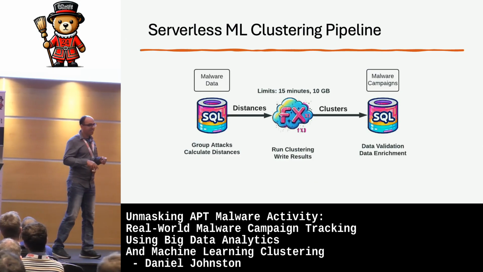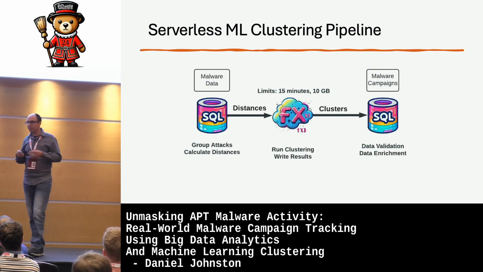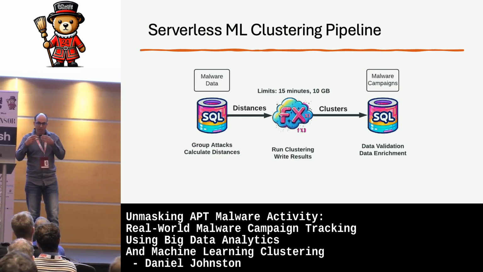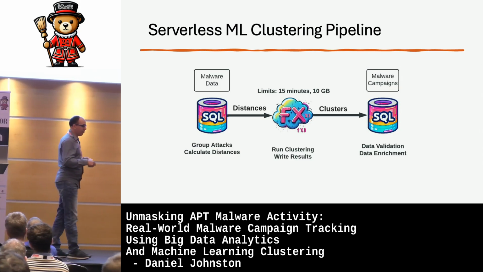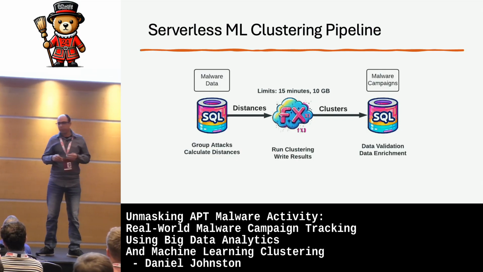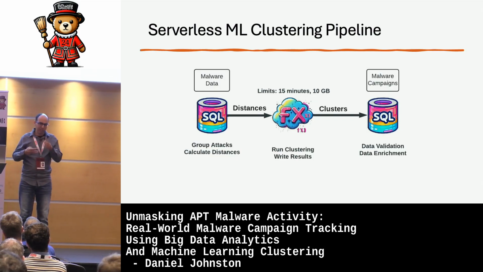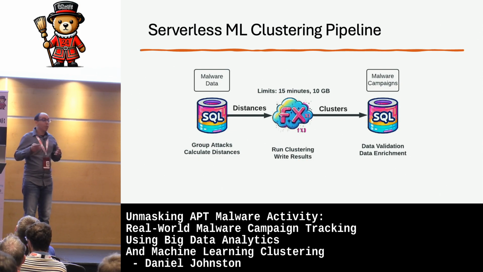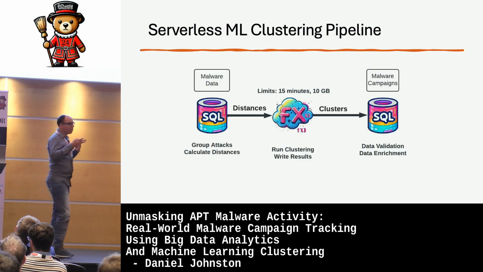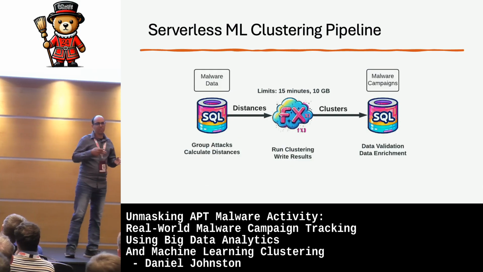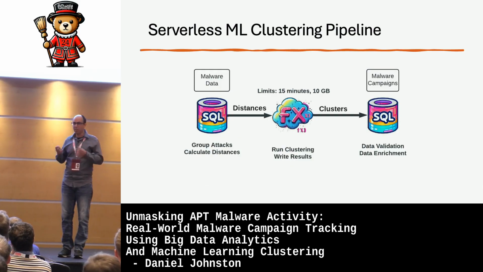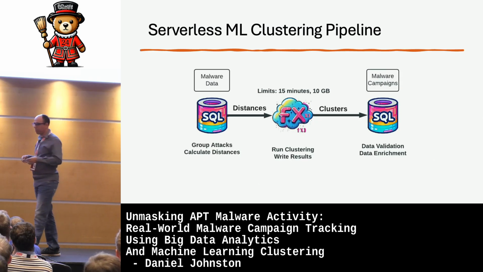I will explain in the next slide how we calculate distances between attacks to understand how far attacks are from each other. This is a very heavy operation, but again, we are doing it using SQL. Data doesn't leave the database. We don't have Python processes, and we don't need to load data frames and so on. Very effective and very cost effective.